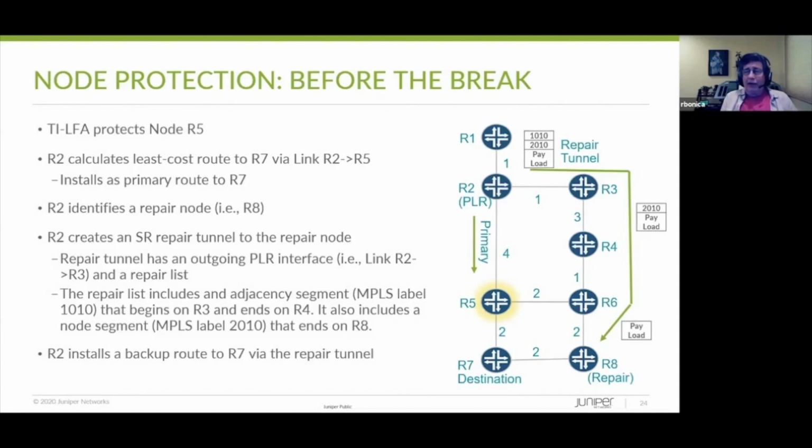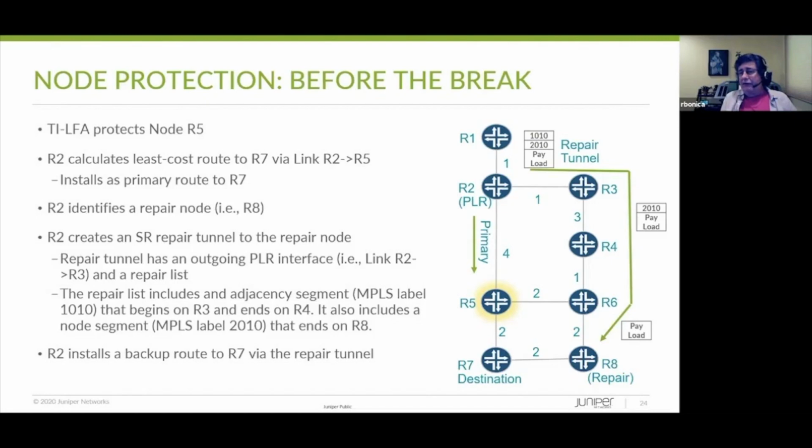So what happens in this? R2 pushes the label 2010 and then the label 1010 and forwards the packet to R3. R3 pops the label 1010 and that label causes it to forward the packet to R4. R4 forwards the packet all the way to R6, and it does this because of label 2020.